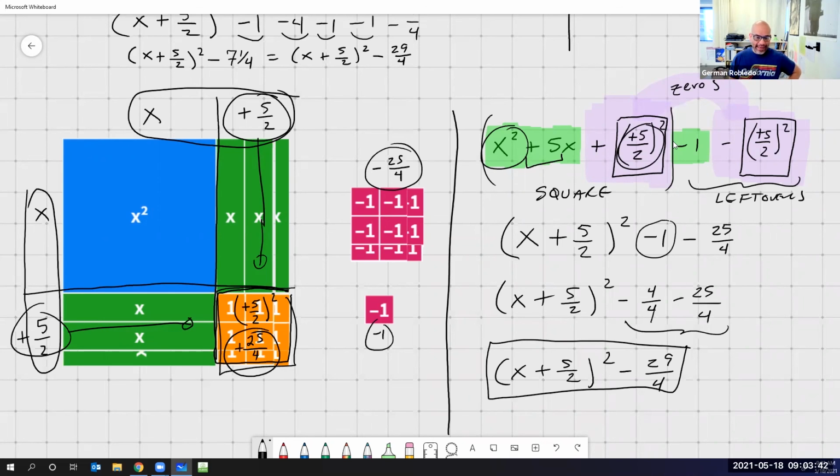If you get the hang of this, there is no need to create the algebra tile model. Okay, it served its purpose, and now we can start moving in this direction where I can just do this symbolic portion instead. Okay, so that's how we move forward. We keep going, move from the concrete to the more abstract.